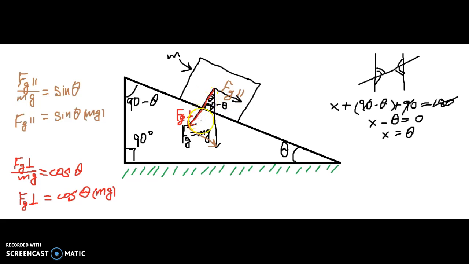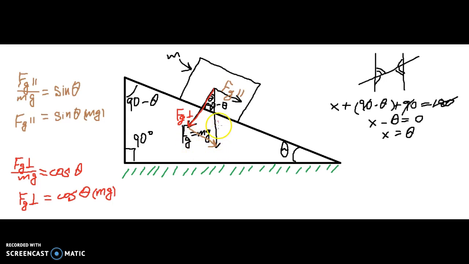And now we just relate this vector to the same vector up here, and we divide this opposite side of this angle over the hypotenuse, which is mg, which is the original force of gravity.